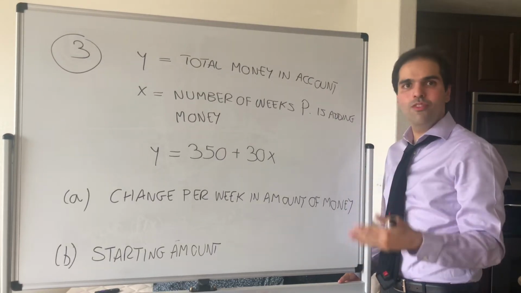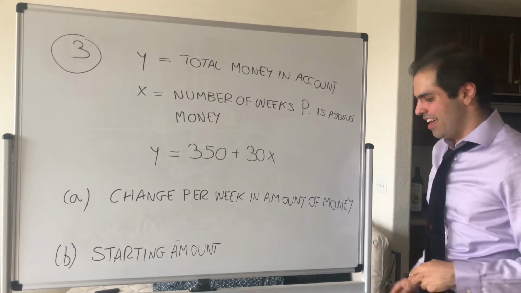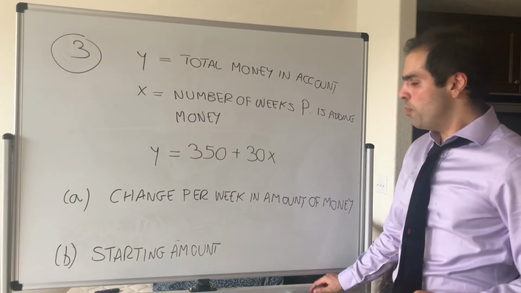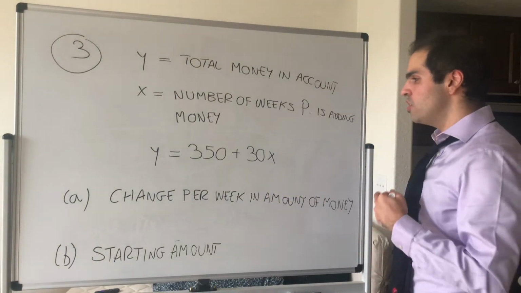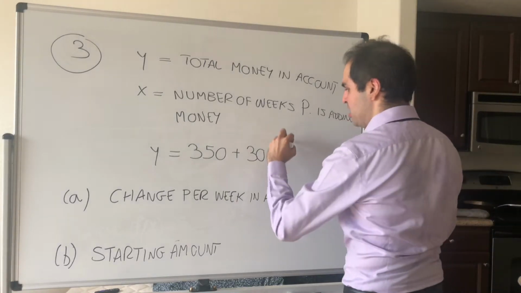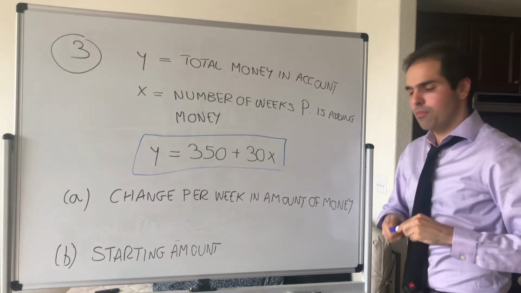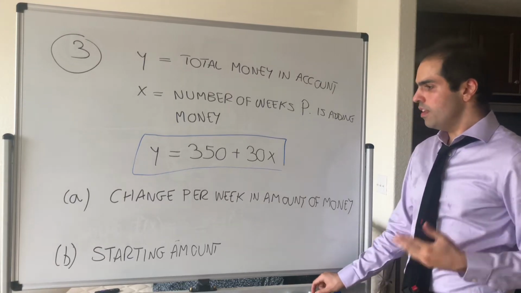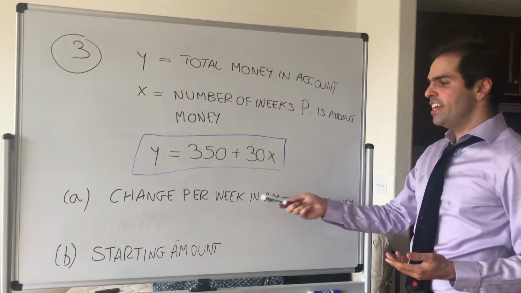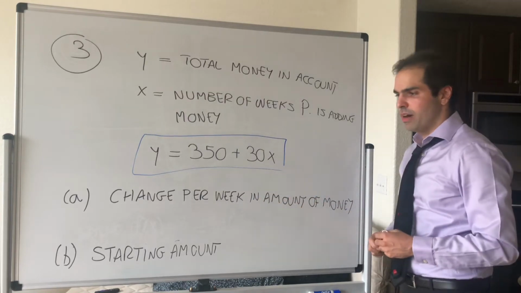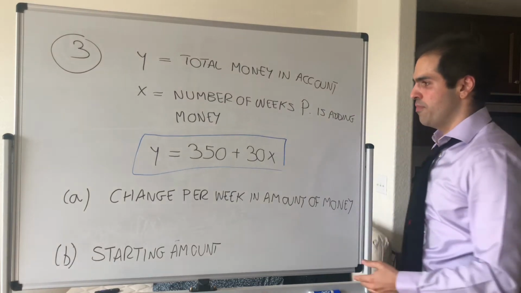So week 1 would be x equals 1, week 2 would be x equals 2, etc. And suppose his account balance, y, is related to x via the following equation. So y is 350 plus 30x. And the question is, first of all, what is the change per week in the amount of money? And the second question is, what is the starting amount?